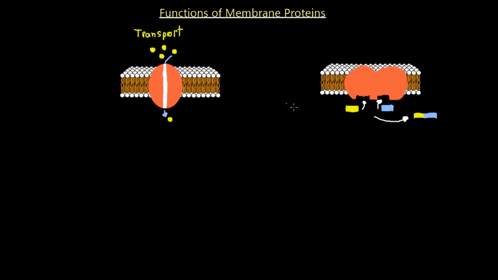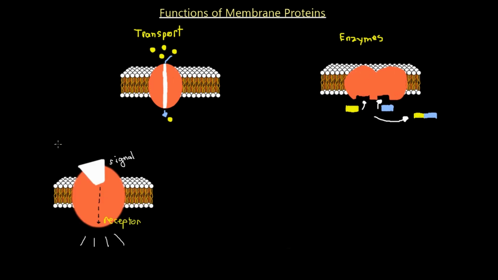Now, a lot of plasma membrane proteins are also involved in enzymatic activity. There are enzymes just floating around in plasma membranes, and what they do is catalyze different reactions, forming synthesis or the breakdown of different molecules. Plasma membranes are also involved in signal transduction.